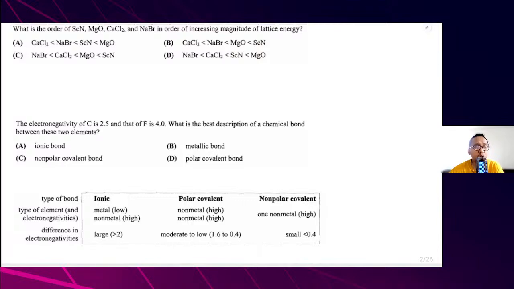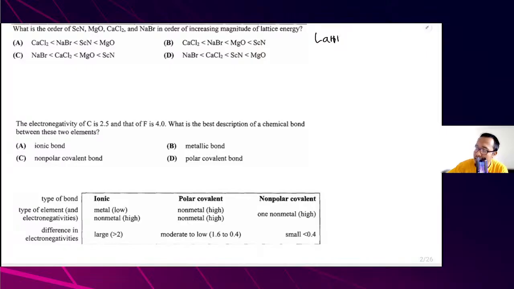The main thing to remember is higher charge and smaller ion give you higher lattice energy.